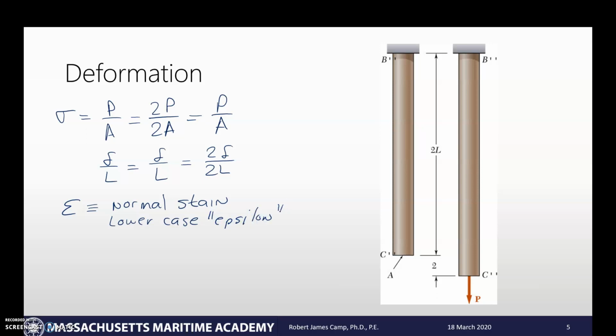And once again, you're probably familiar with its big brother because uppercase epsilon is... Sorry, that's sigma. What am I talking about? Anyway, we're going to define normal strain as the deformation over the length. And so that's what we're going to be doing.